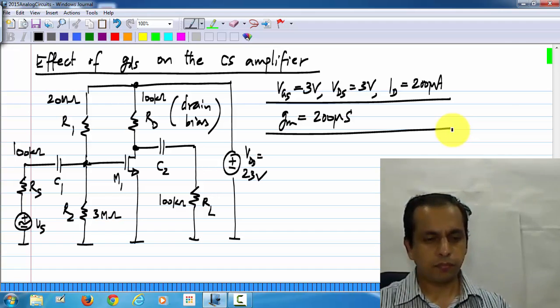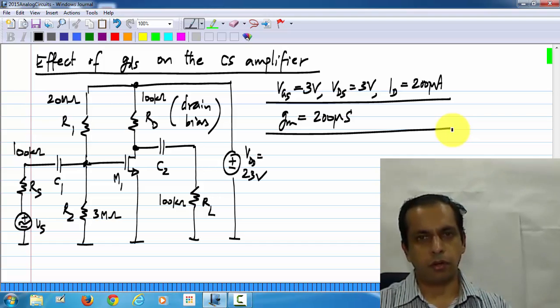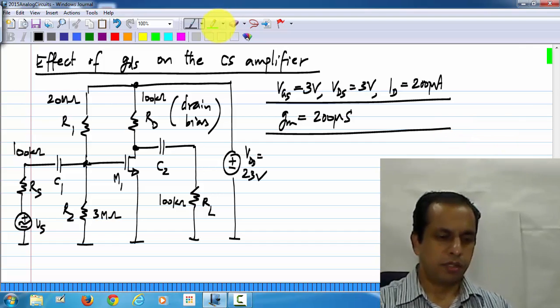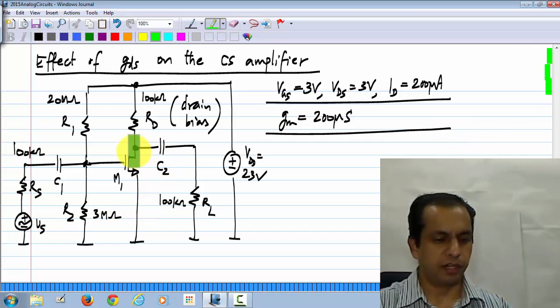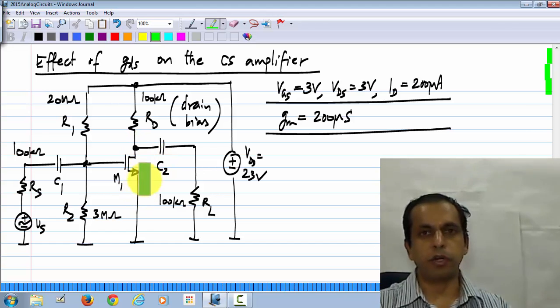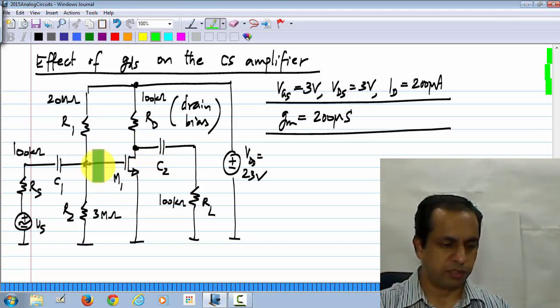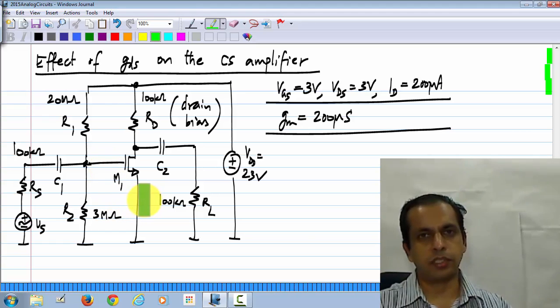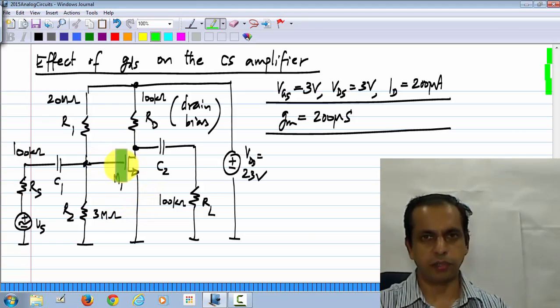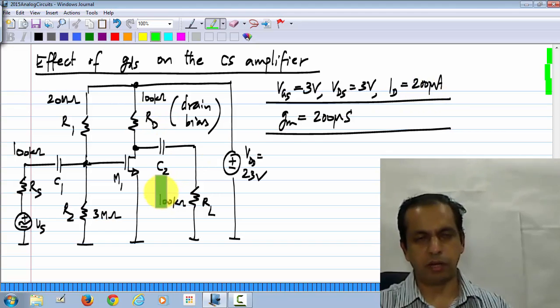Okay. So, now the question is, what is the effect of the channel length modulation, or the extra factor of 1 plus lambda VDS that appears in the drain current expression in the saturation region. As was discussed earlier, channel length modulation means that the operating point current also changes, because VGS of 3 volts does not change at all, since the gate current is still 0, but for a gate voltage of 3 volts, instead of the current being 200 microamperes, it will be dependent on VDS as well, and you can calculate it.